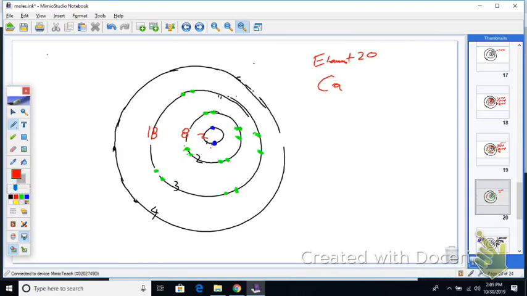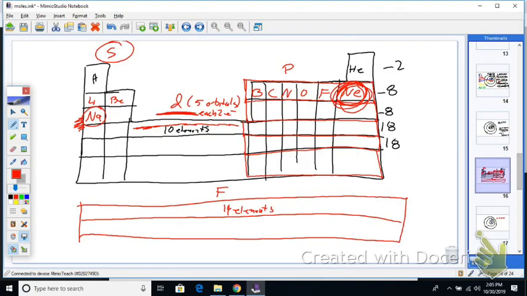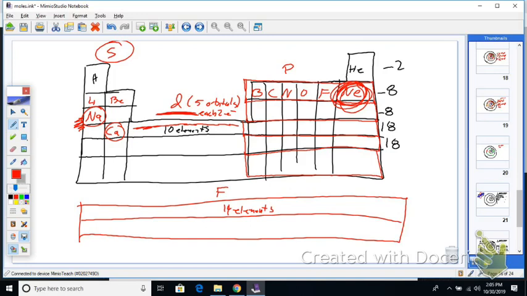So here's the deal. Where you find calcium, calcium is in the S's. Here's calcium. It's an S. And we've already filled up the S's. Okay, we've already filled those S's up.